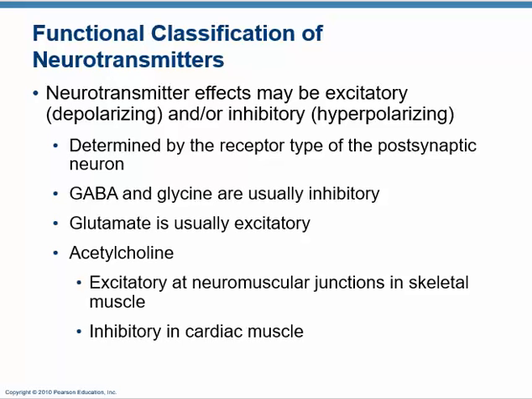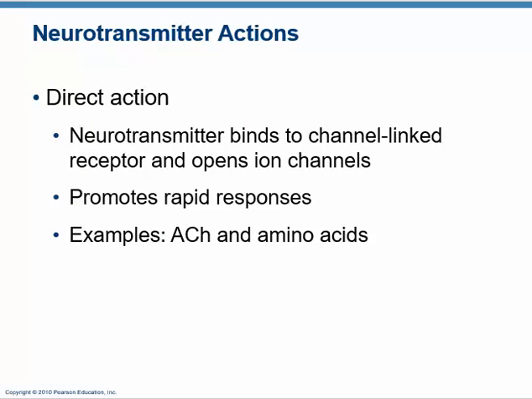So we're not going to get too much into the functional classifications, but GABA and glycine inhibitory, glutamate excitatory, acetylcholine excitatory, and there will be receptors postsynaptically for all of these things, or for a lot of these things anyways.